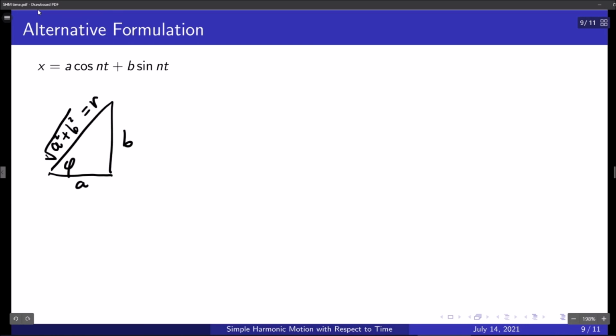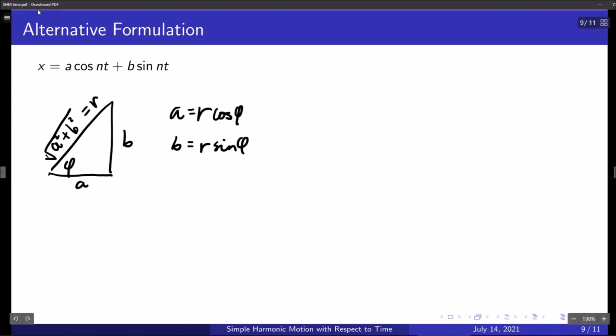So what does a equal to? A is R cosine phi, and b is R sine phi.